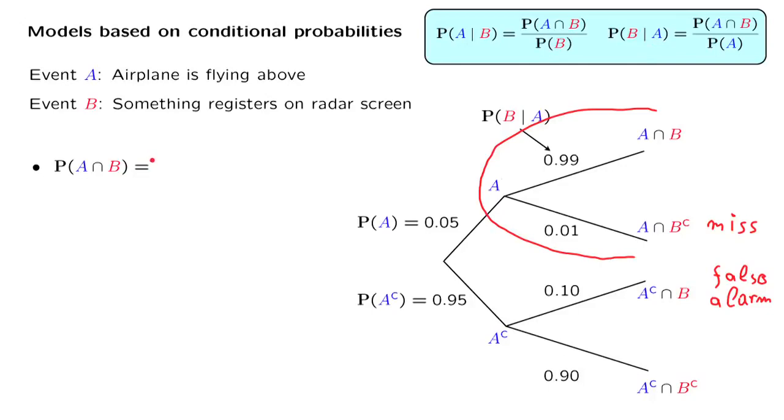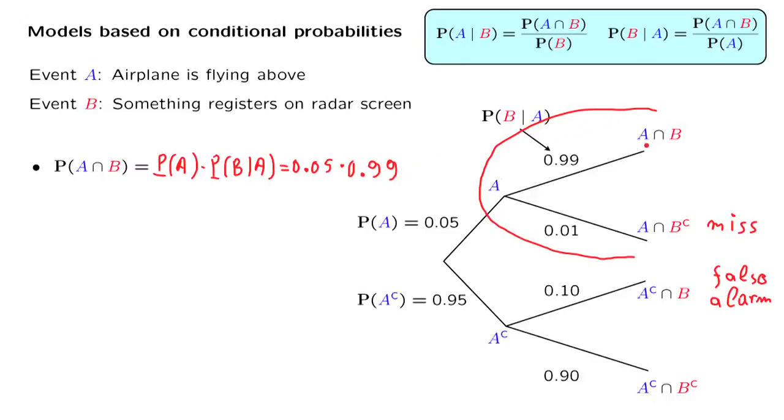Therefore, the probability that A and B occur is equal to the probability that A occurs times the conditional probability that B occurs given that A occurred. And in our example, this is 0.05 times the conditional probability that B occurs, which is 0.99.